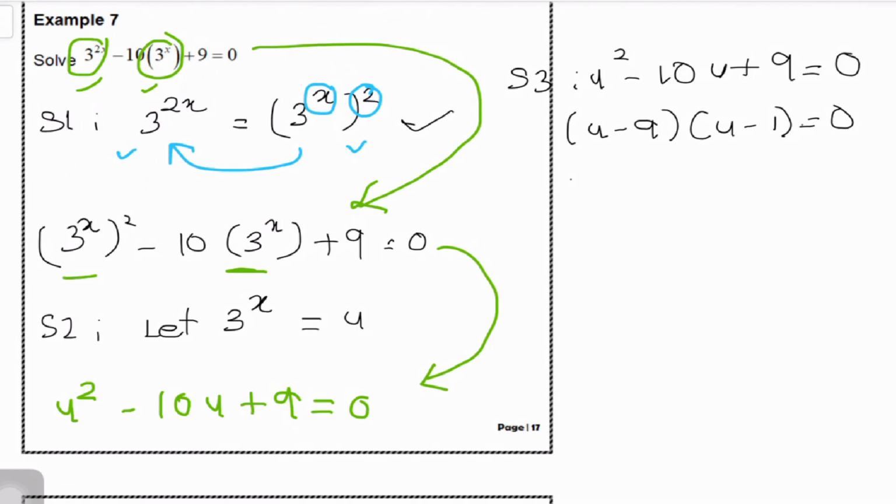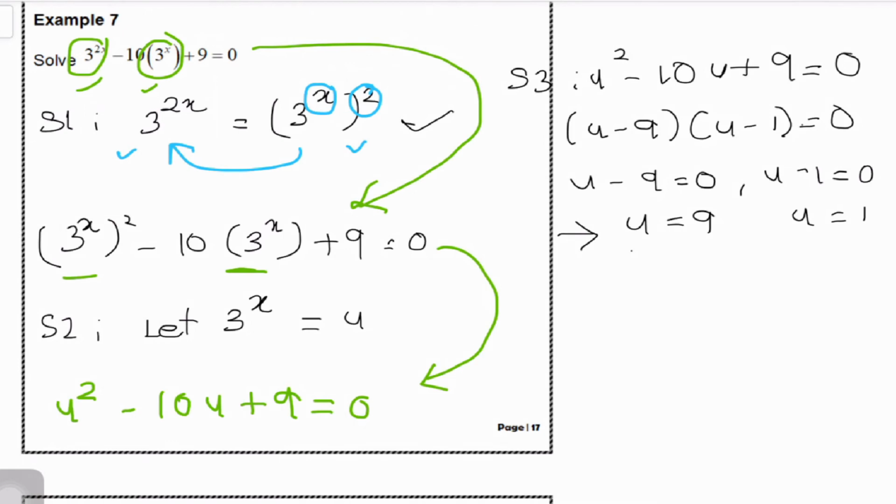So actually the values of u are u equal to 9, u equal to 1. So you must be very careful on this step, okay?